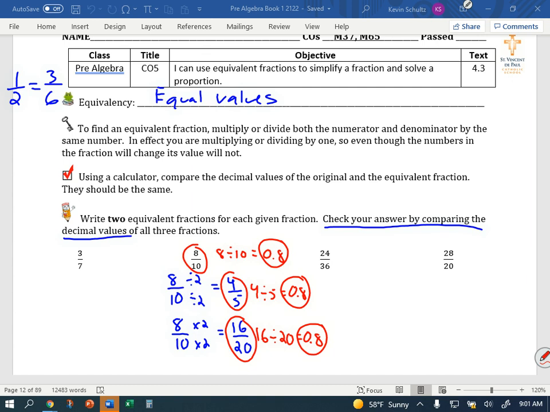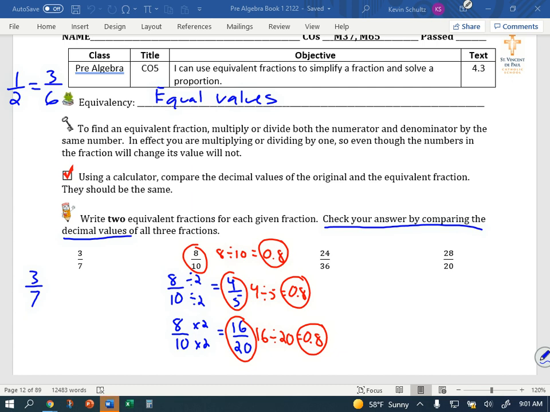Okay? Pick another one on here that looks particularly interesting, challenging, fun. Evan. 3/7. Okay? Let's start by writing our equivalent fractions. What do you want to do to 3/7, Evan, to get an equivalent fraction?